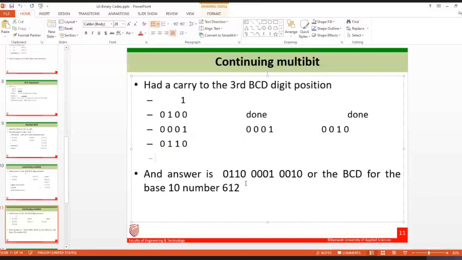So 612 will be represented as 0110 0001 0010, which is the BCD for the base 10 number 612. So whatever answer you get, you'll add 6 to that binary value. Got it?